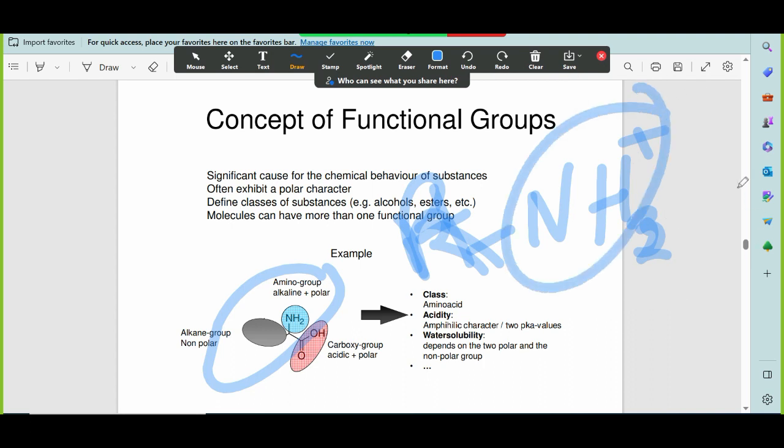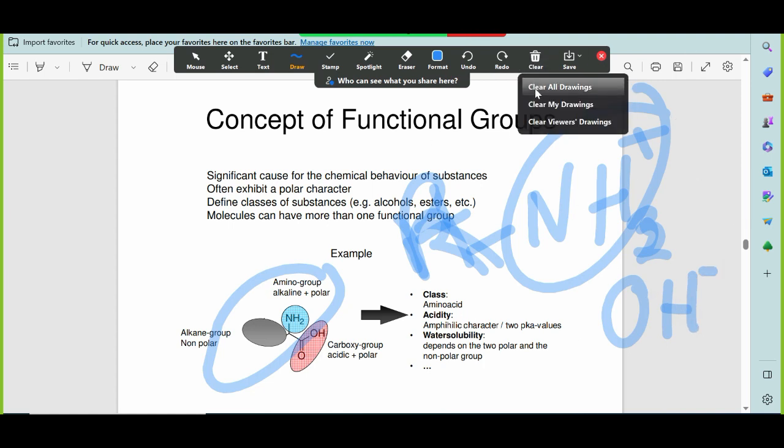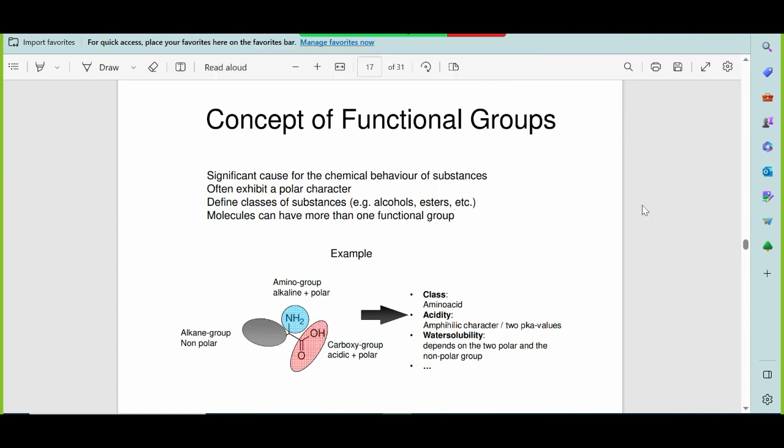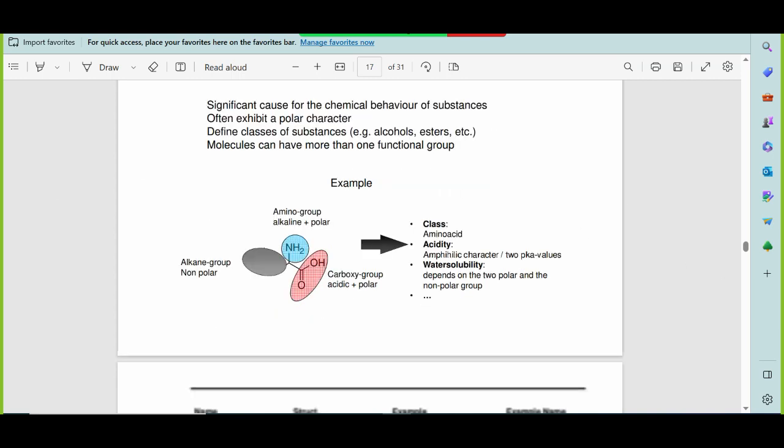This means that the water molecule was broken and OH minus was released. So it's also a base because it's still increasing the concentration of the hydroxide ion in water. This is why it has this alkaline character, and here it has an acidic character. This is just a side note so that you understand this slide.